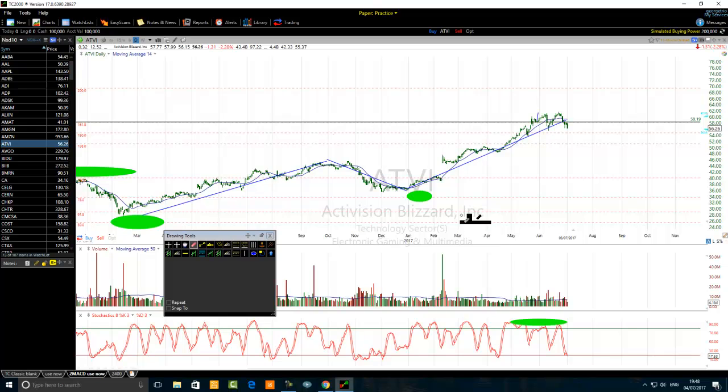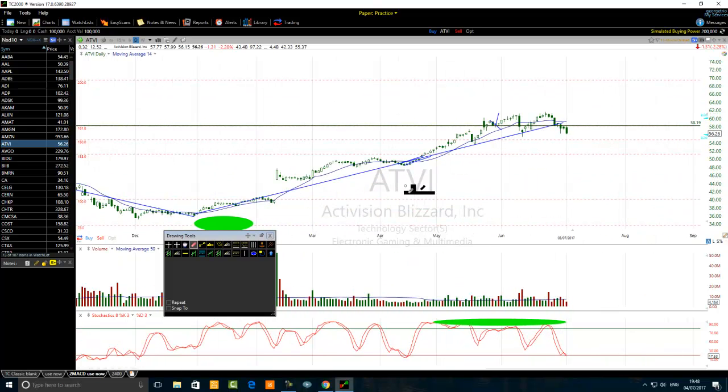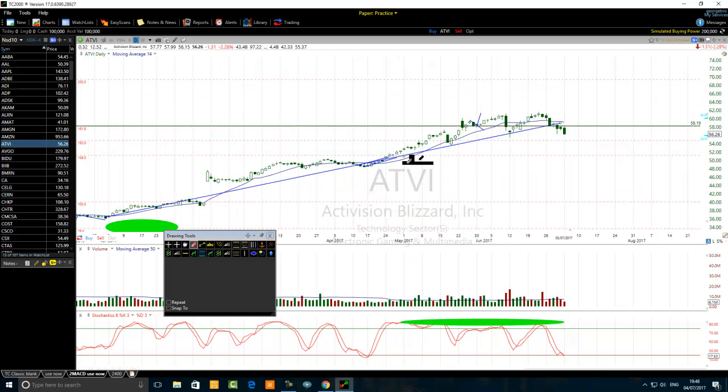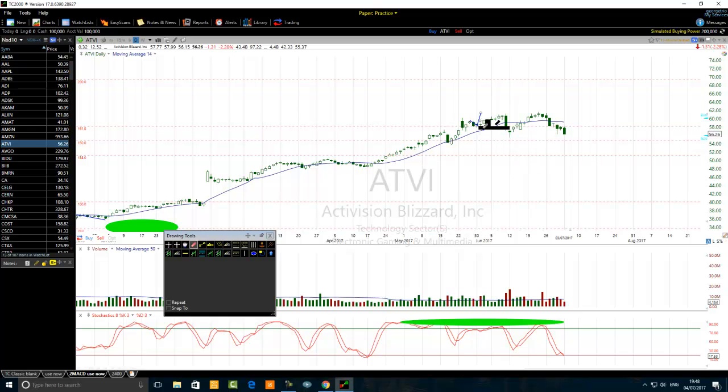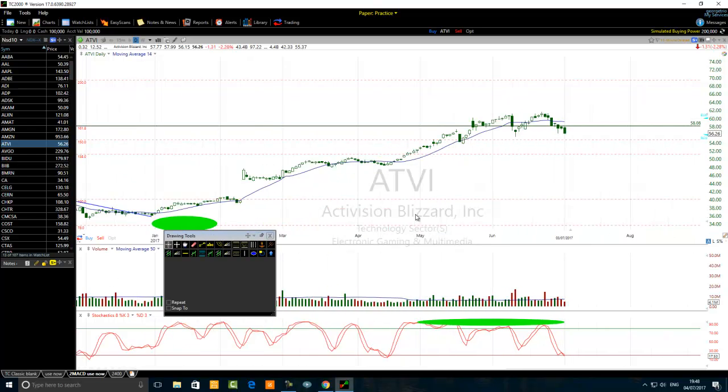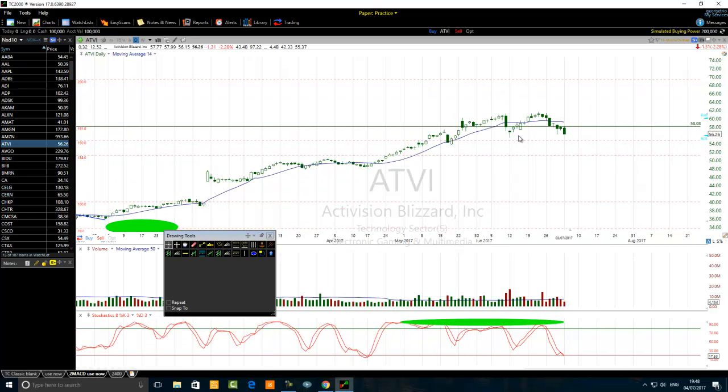I'm going to remove some of those lines here. Oops, I moved that 161.8% level. That's it. So is there a signal on this daily chart?